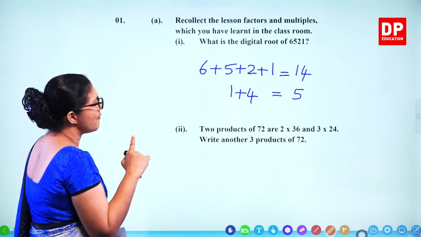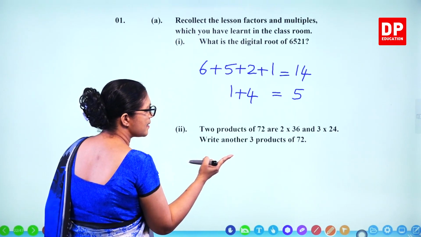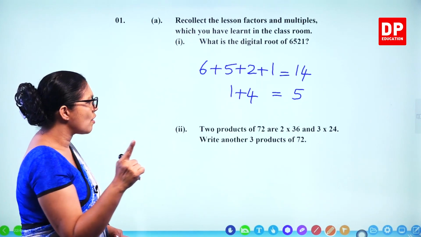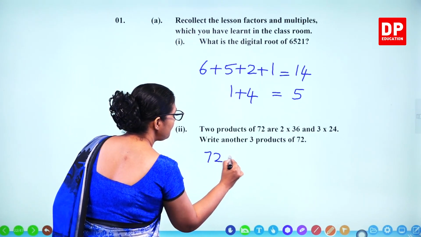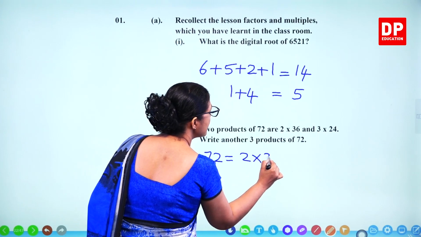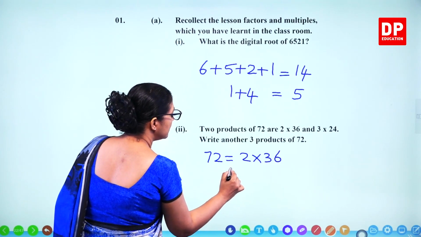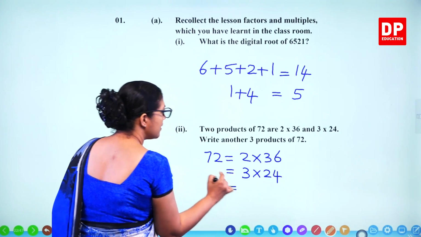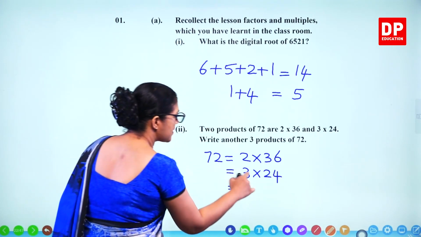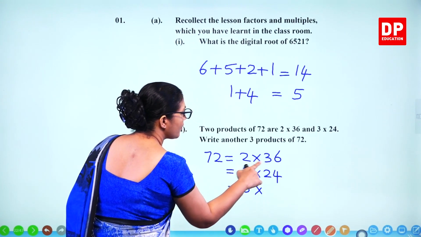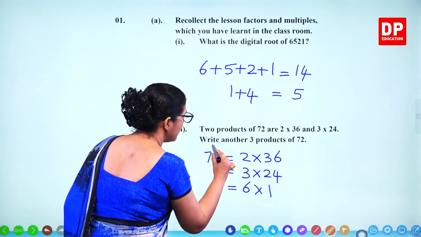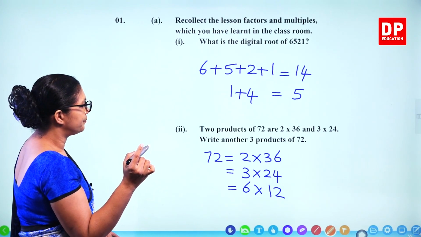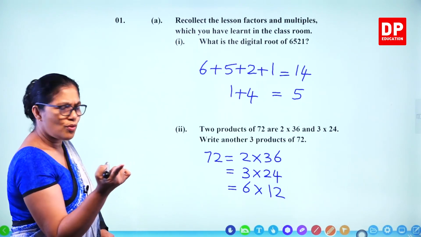2 products of 72 are 2 into 36 and then 3 into 24. Write another 3 products of 72. 2 into 36. 3 into 24. Then we can write 6 into 12, which is also 72. 1 into 72 is also okay.